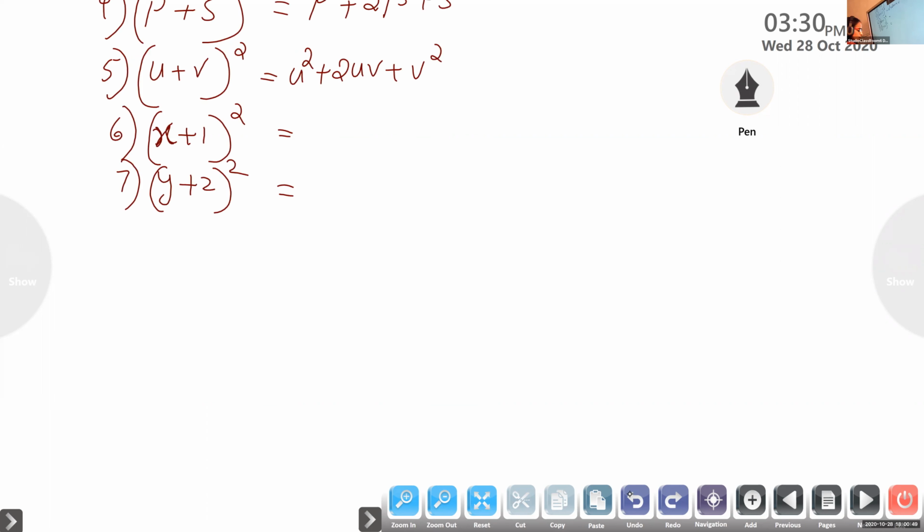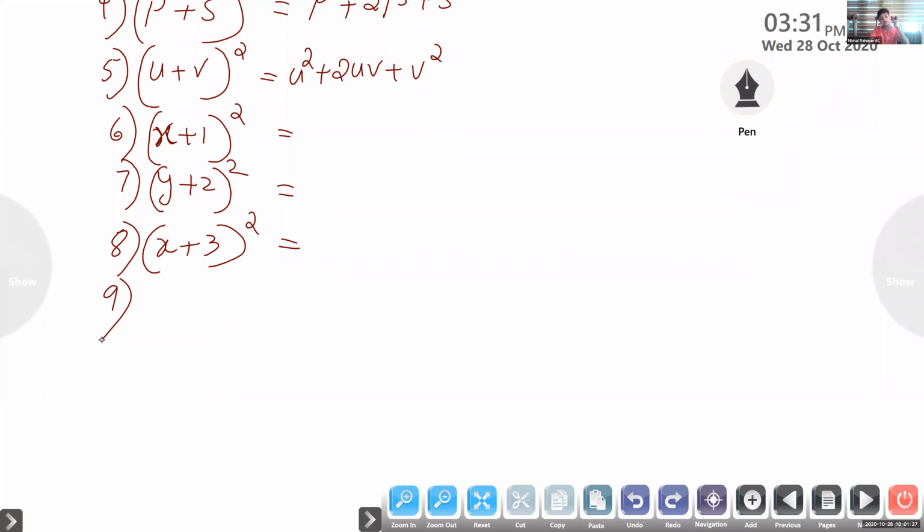X plus 1 the whole square, and y plus 2 the whole square. And ninth one.